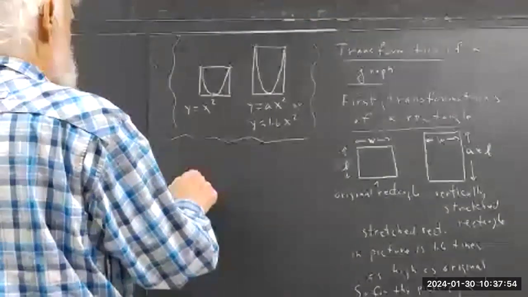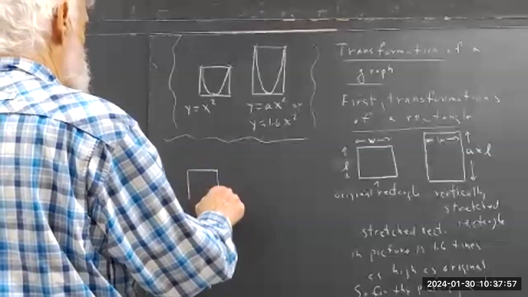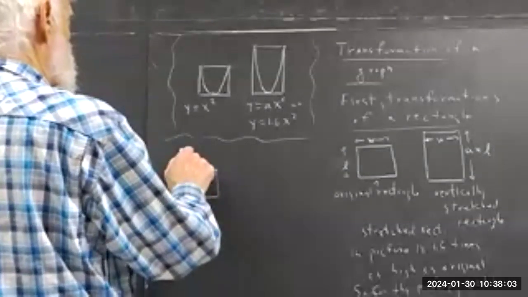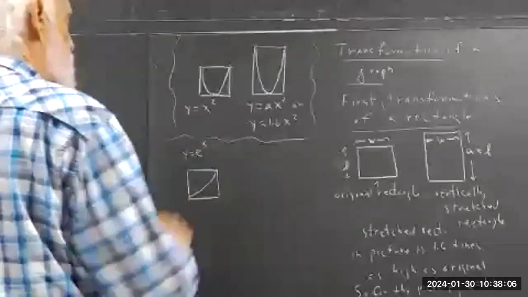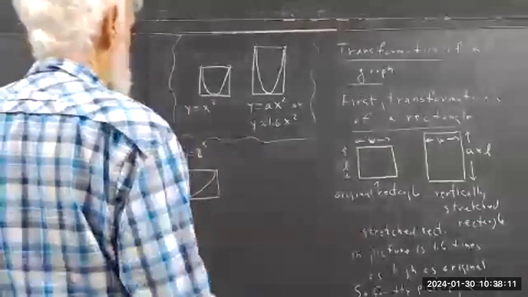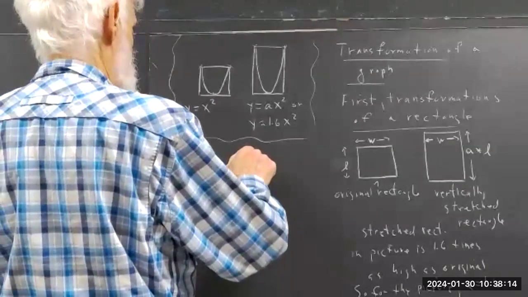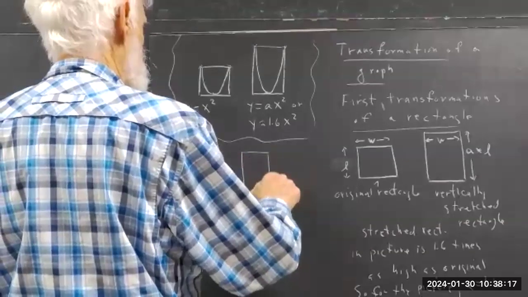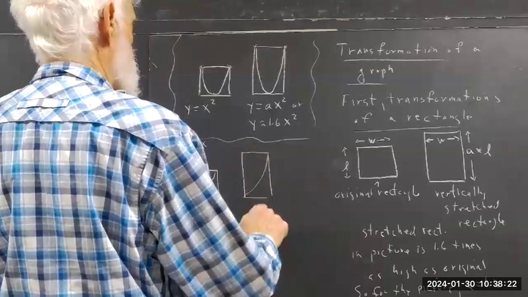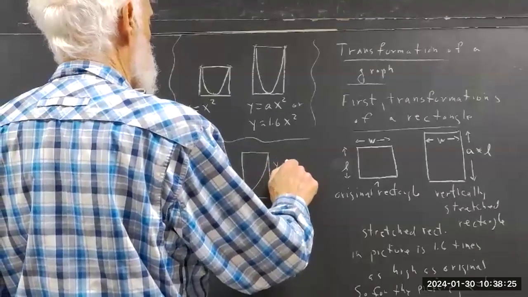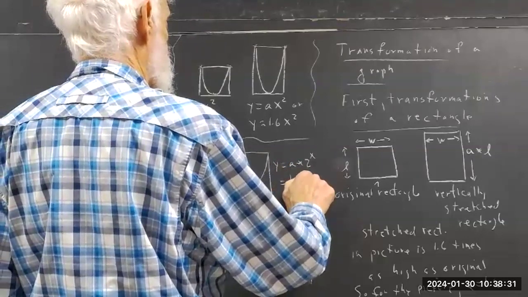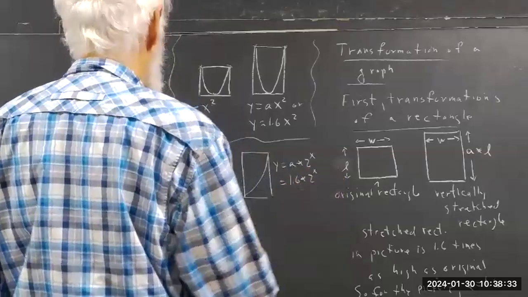So if we have y equals 2 to the x sketched in a rectangle, and over here we would have y equals a times 2 to the x, which is 1.6 times 2 to the x.